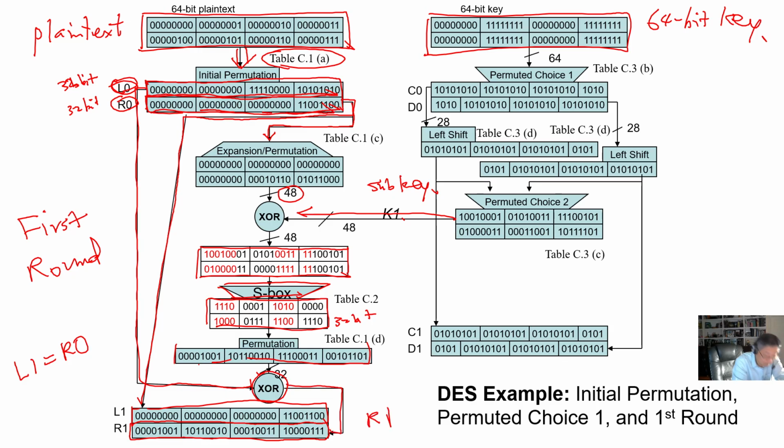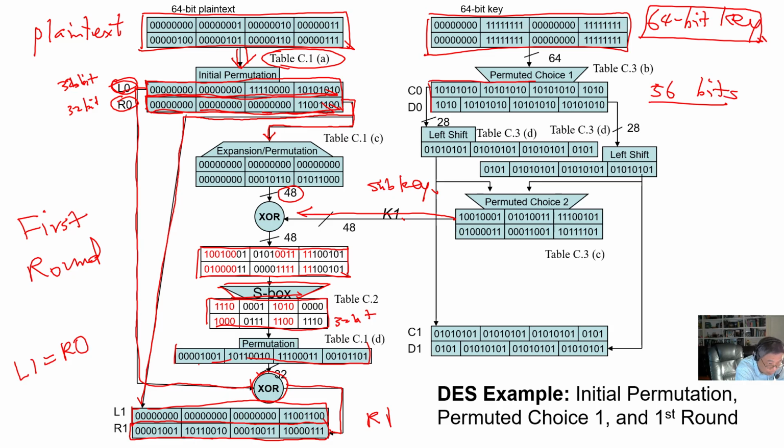So R1 is very complicated. Now on the key side, initially the key was imported as 64-bit. As we mentioned, most of the time we call DES use the key 56. The reason for this is because the 64-bit key was immediately reduced to 56-bit after the permuted choice 1.